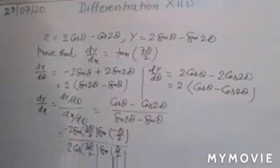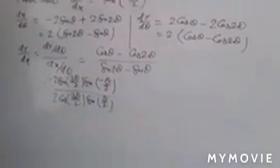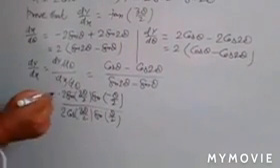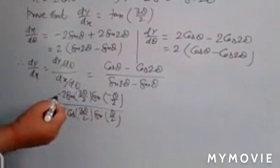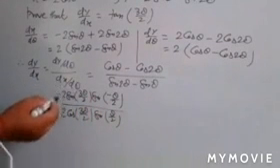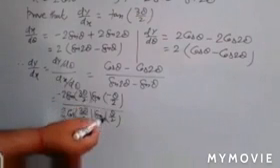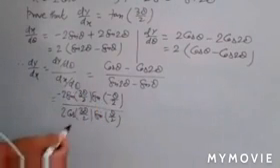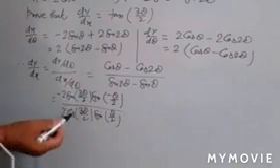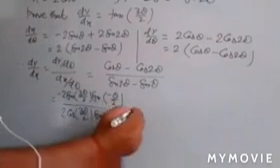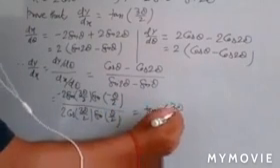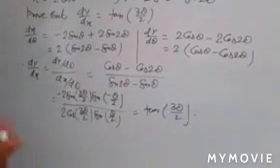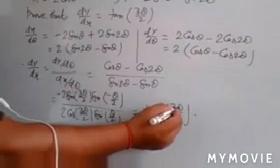Just listen to one thing: sine of minus theta is equal to minus sine theta, so it becomes positive. Here 2 and 2 cancel out, and sine cancels out. So overall you have sine by cos, which is equal to tan of 3 theta by 2. Note it.